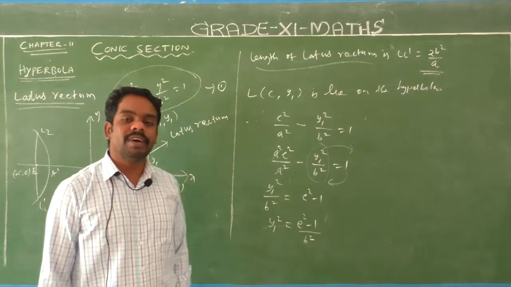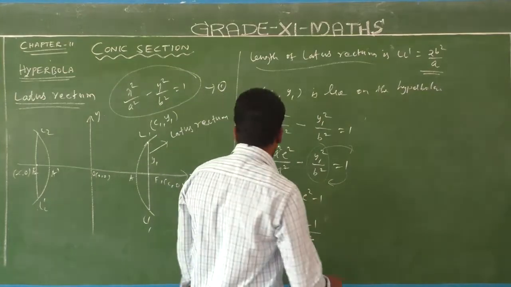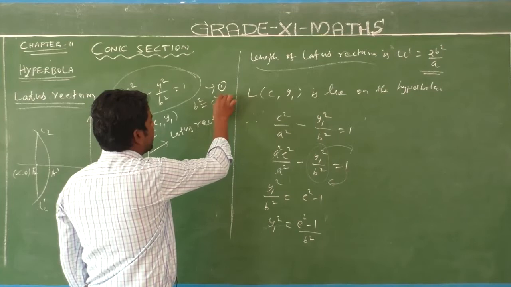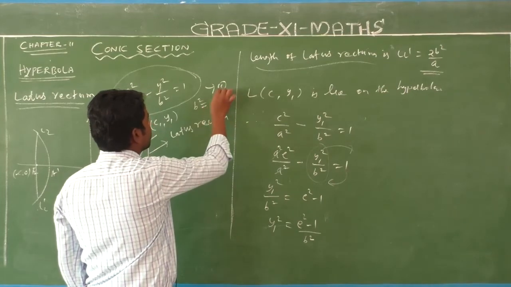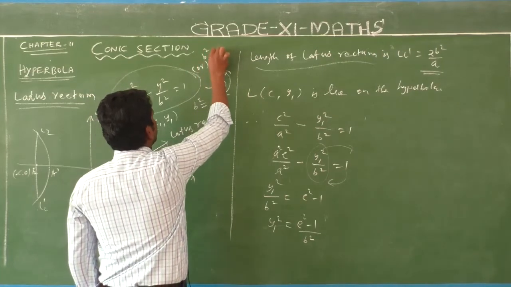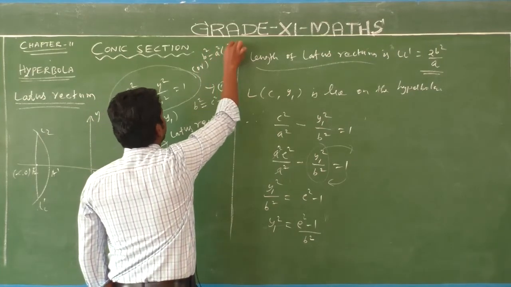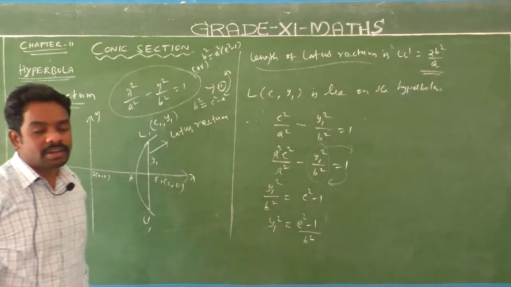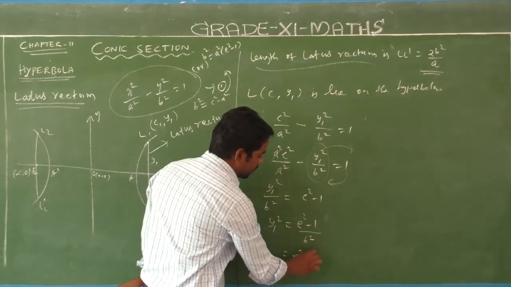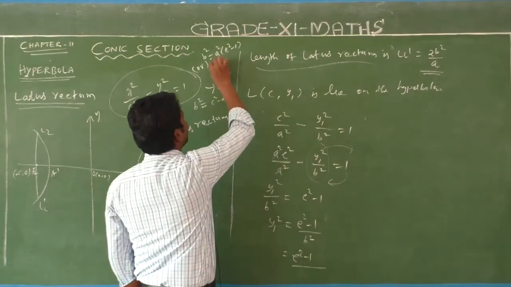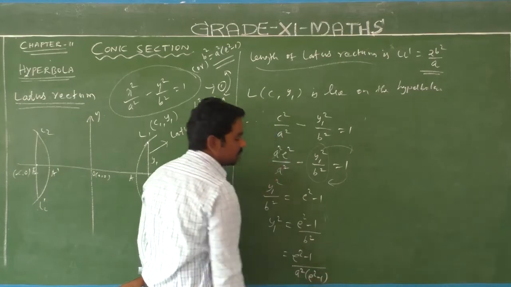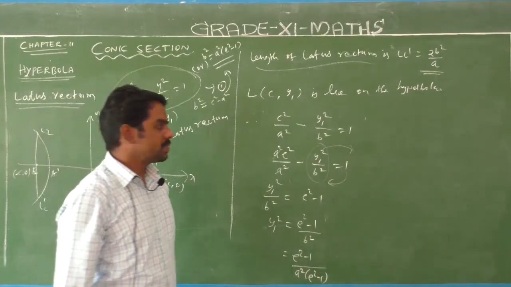You know the value of b squared: b squared is equal to c squared minus a squared, or b squared equals a squared of e squared minus 1.